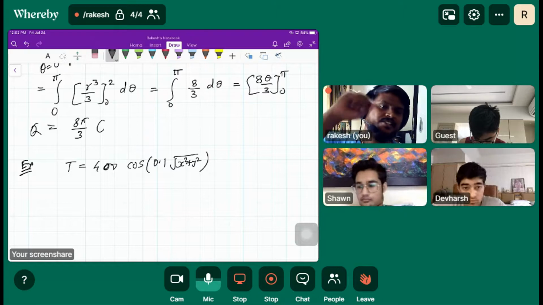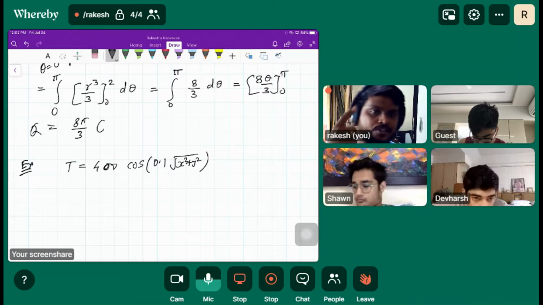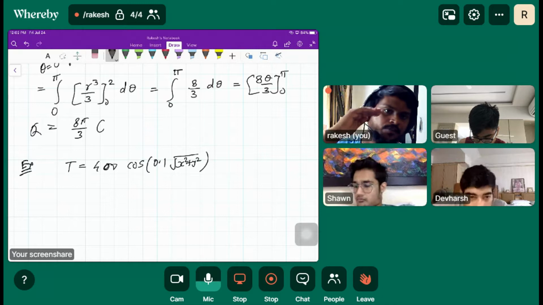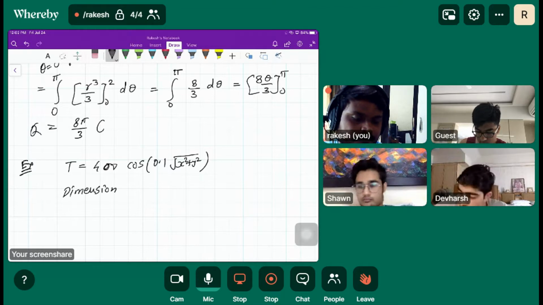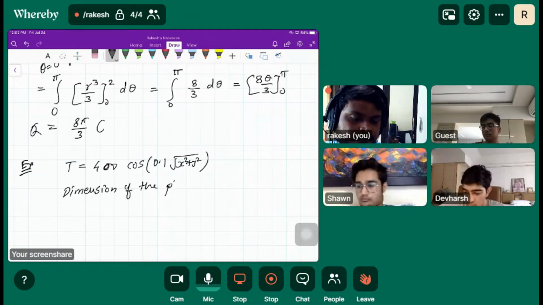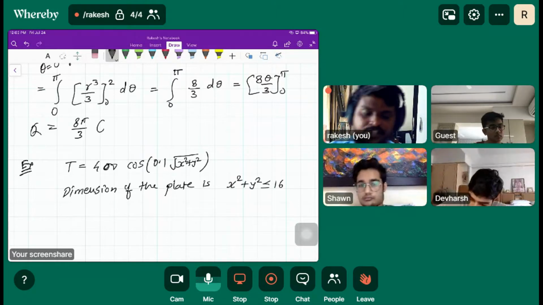This function tells you the temperature of the plate at different points. The dimension of the plate is x square plus y square less than or equal to 16.